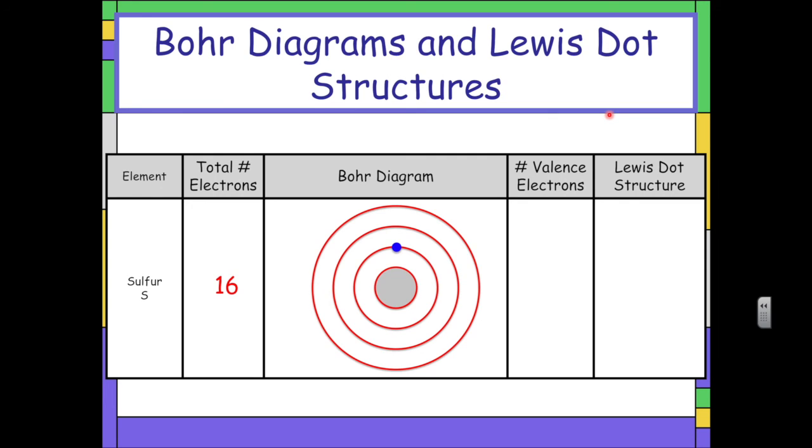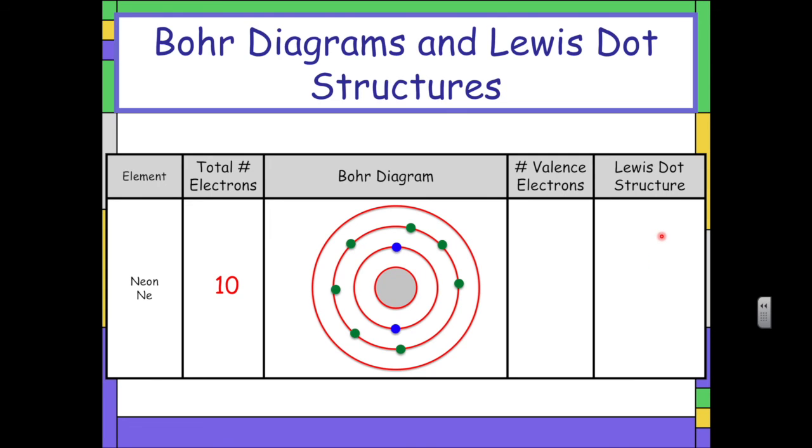Okay, sulfur has 6 valence electrons as you fill in those dots in your Bohr diagram, and then you have sulfur, just like so. Sulfur normally makes 2 bonds because it has 2 available electrons for bonding. And then carbon normally has 4 bonds because it has 4 electrons available for bonding. Kind of cool, right?